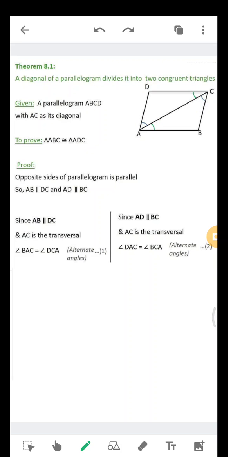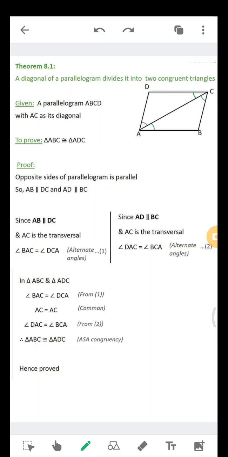Now I need one more part to prove they are congruent. That one more part will be AC. So first, angle BAC is equal to angle DCA, from 1 we have taken. Then AC is common here: AC is equal to AC. And angle DAC is equal to angle BCA.